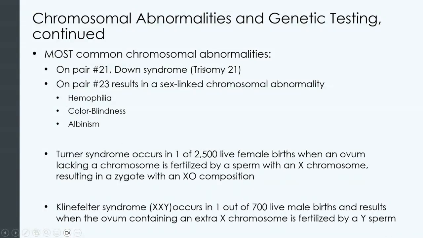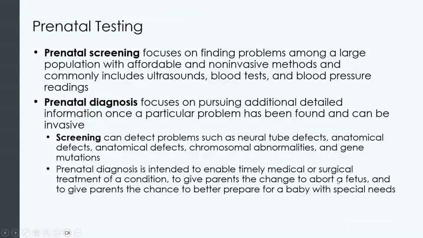So as you can see, these are just some of the many, many variations and mutations that can occur genetically. As far as testing in advance for it, we do have very advanced methods now that can be used and are much more affordable and accessible than they used to be. When I first started teaching about 30 years ago, it was in the thousands, like 40, 50,000 to do some kind of genetic screening.